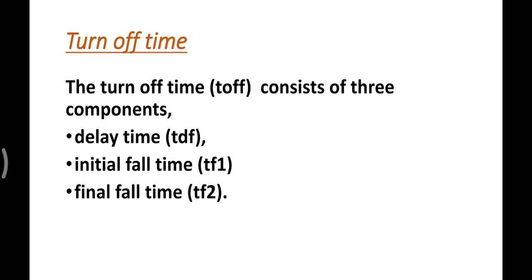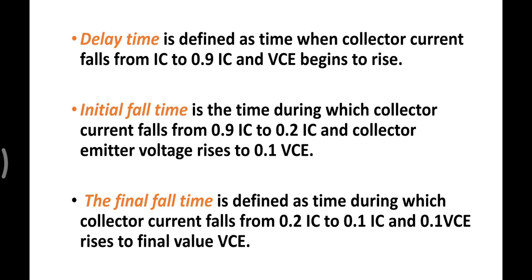So let us see what a delay time is. Delay time is defined as the time when collector current falls from ICE to 0.9 ICE, and VCE begins to rise.